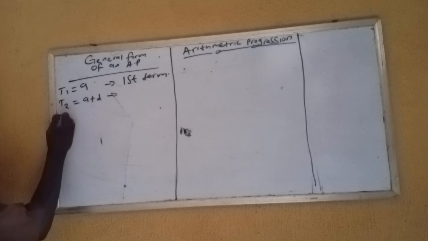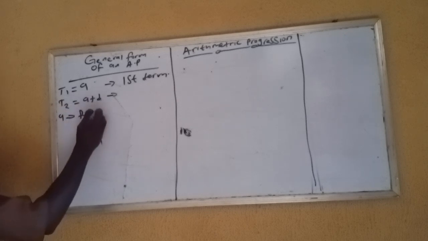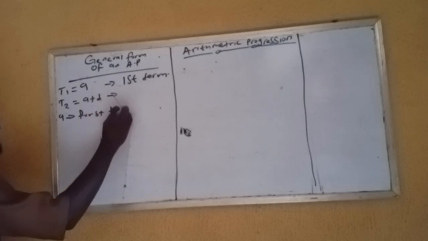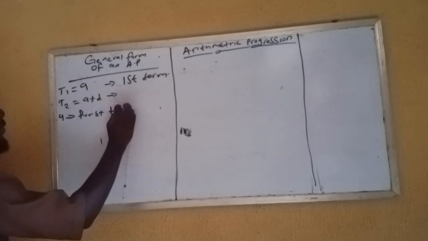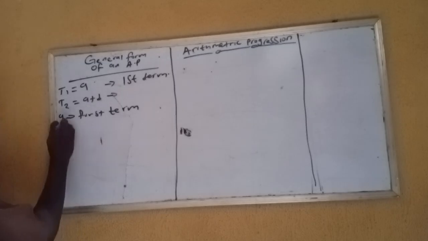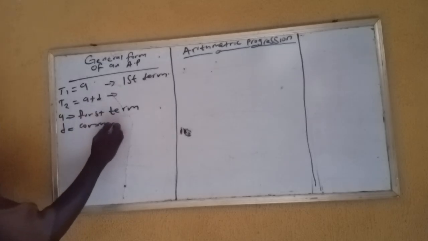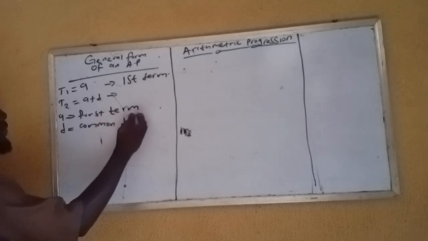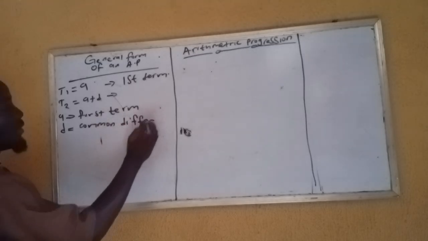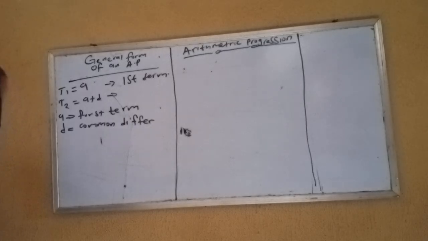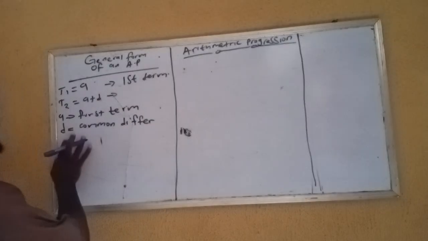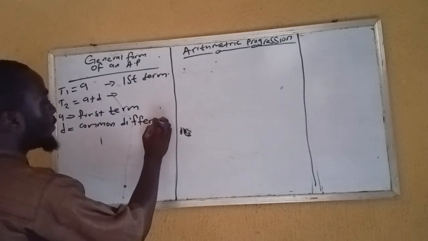In which your A will represent the first term, as I said earlier, and your D is your common difference. The difference between two numbers in a sequence is called the common difference.